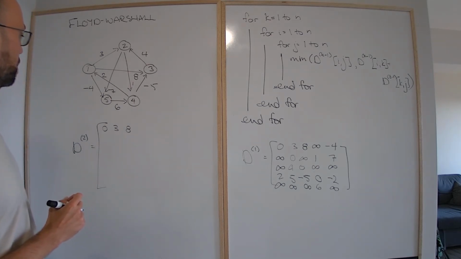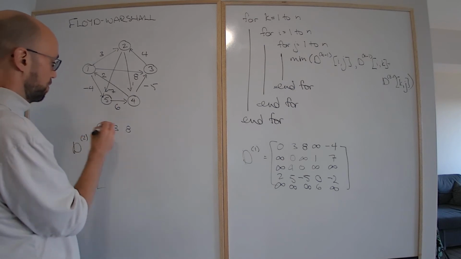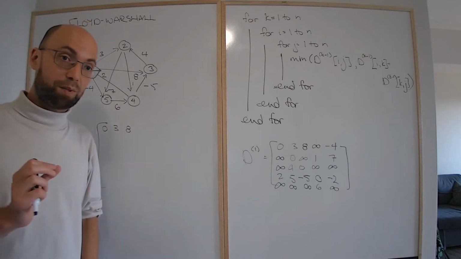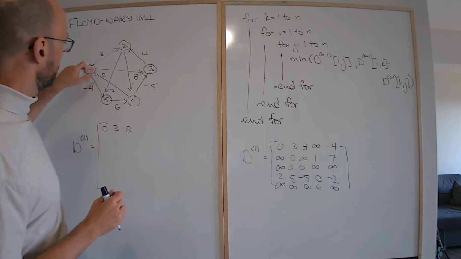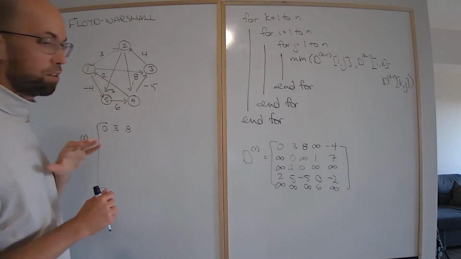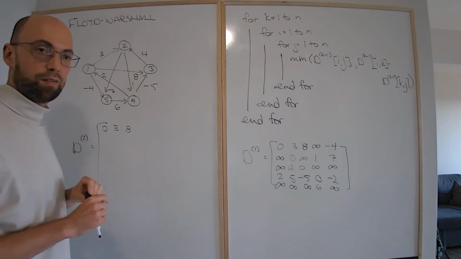So what is the cost of going from 1 to 4? This gets a bit more interesting. Now you're allowed to go from 1 to 4, and you're allowed to use 2 as an intermediate vertex.